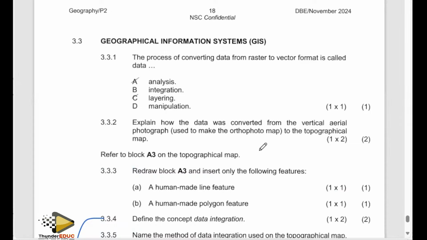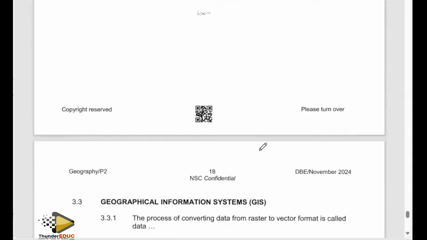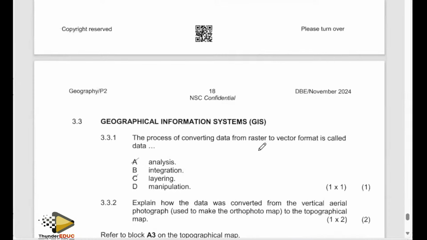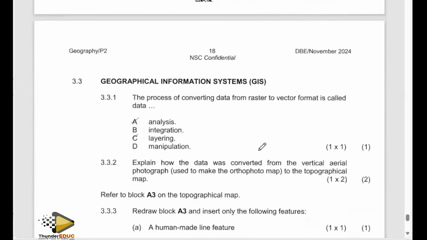Right, there's a question that I also want to make an emphasis on. I think I skipped that question, or there's a question number 3.3.2, which was talking about converting vertical aerial photographs to orthophoto maps. Here it was saying explain how the data was converted. How the data is converted, we use what we call automatic terrain extraction.